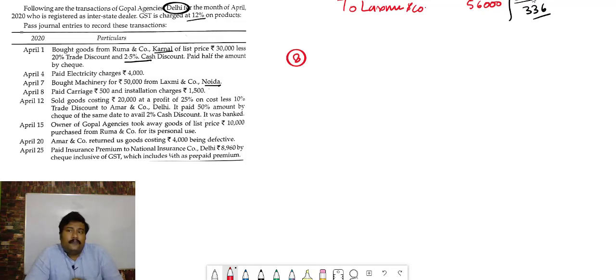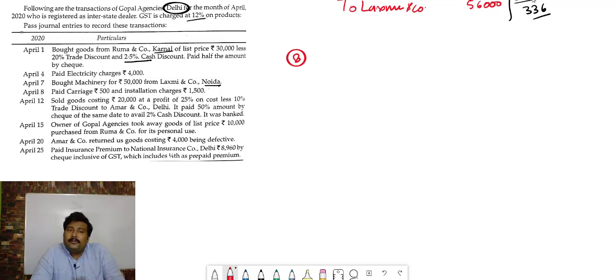The entry of capital expenditure. Whenever we are paying any expenditure at the time of purchase of any asset, overhauling of any asset, or major repairing, all that expenditure will be recorded by the name of the asset only.